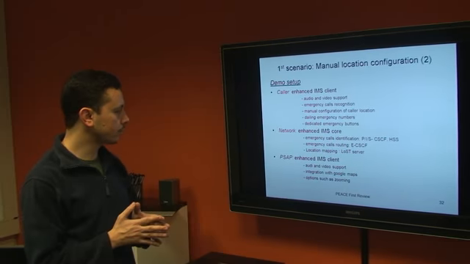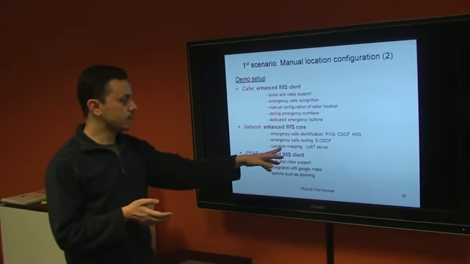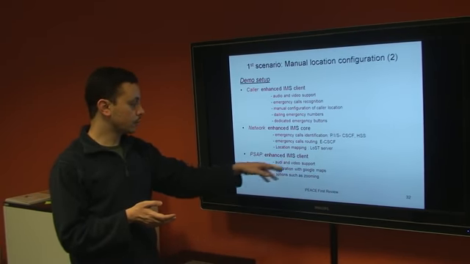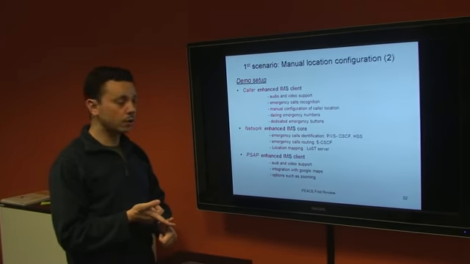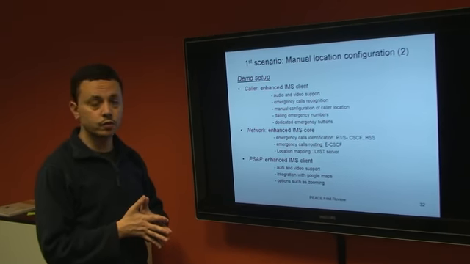I will explain this later on. As for the PSAP, it's just an enhanced IMS client with audio and video support, also integrated with Google Map, and also with some options such as zooming.